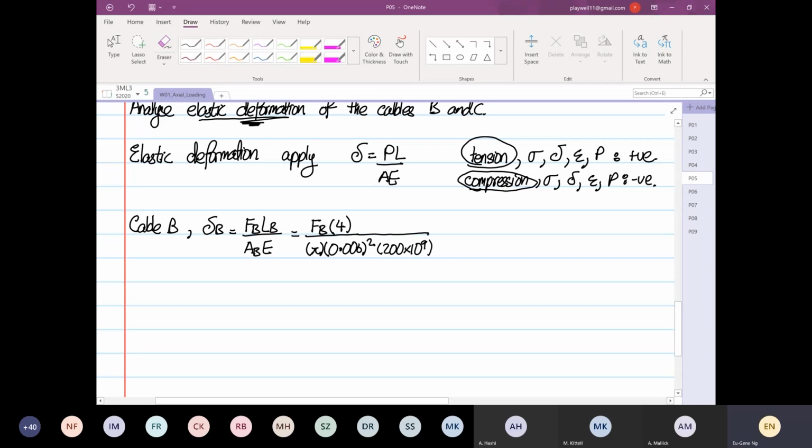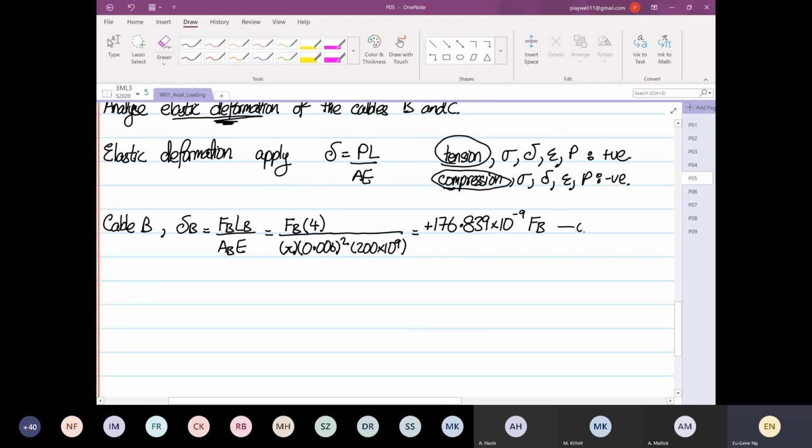When you work this out, it will be 4 divided by pi times 0.006 squared, divided by 200 times 10 to the power 9, which is equal to positive 176.839 times 10 to the power minus 9 FB. So this is your equation number 3.